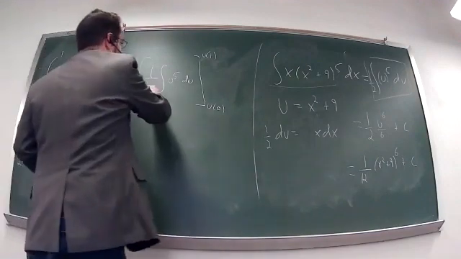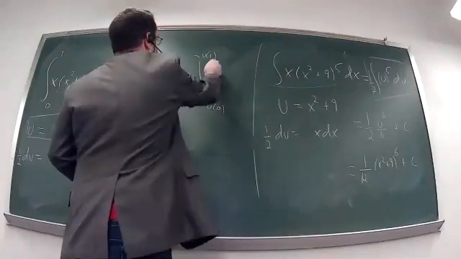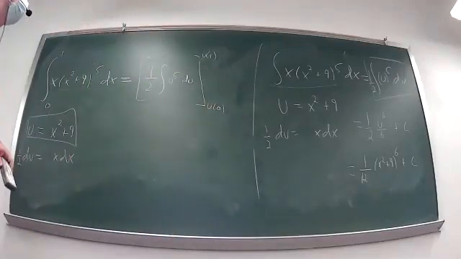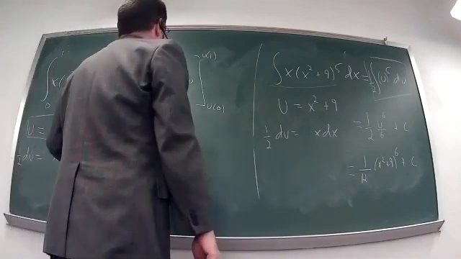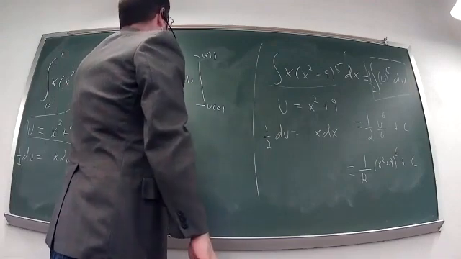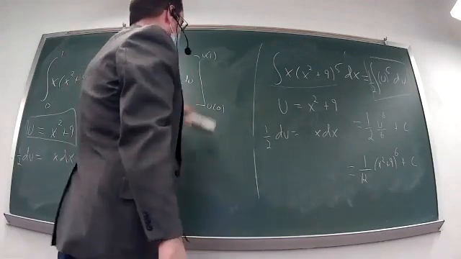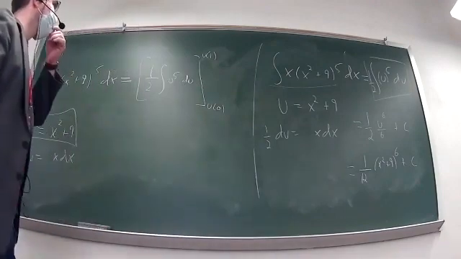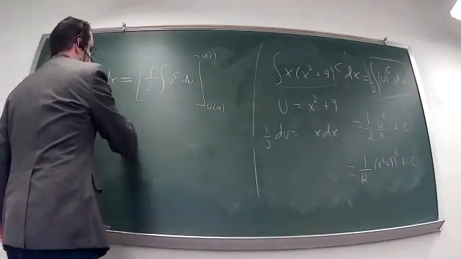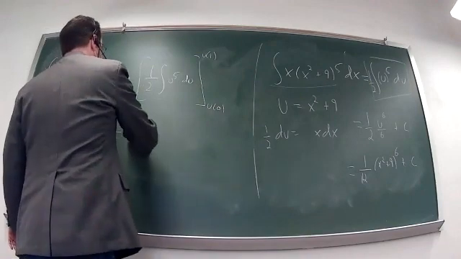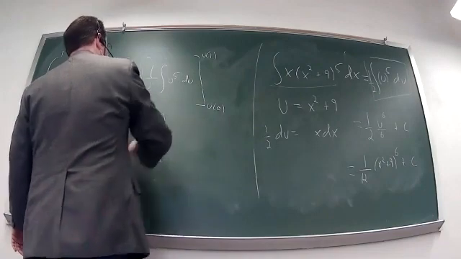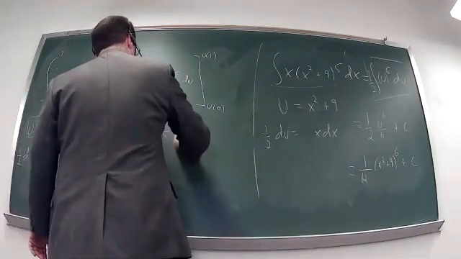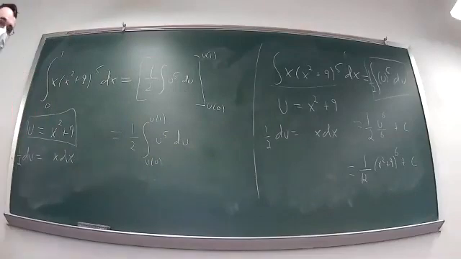So I've got an antiderivative written in u, and I've got my bounds written in u. And there's another way to write this that's more simple, I guess. You could just write 1/2 integral from u of 0 to u of 1 of u to the 5th du.